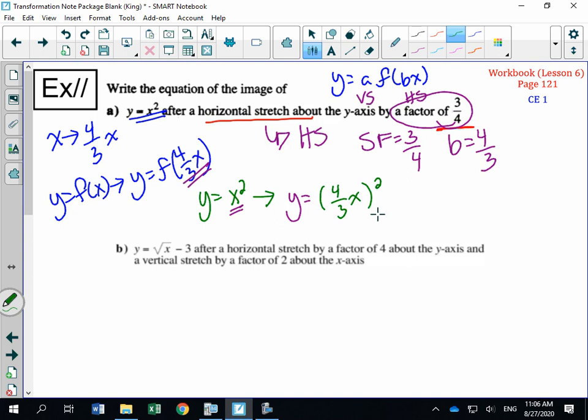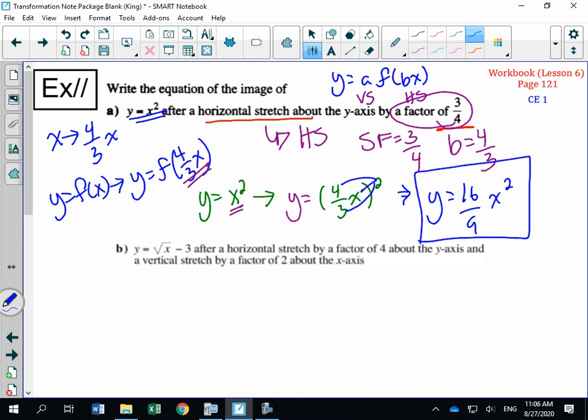And now that squared applies to the 4 and to the 3, so this becomes y is equal to 16/9 x squared. So within the function, I replaced x with 4/3x, and then I squared it. So my new image function, or my transformed function, is 16/9 x squared.